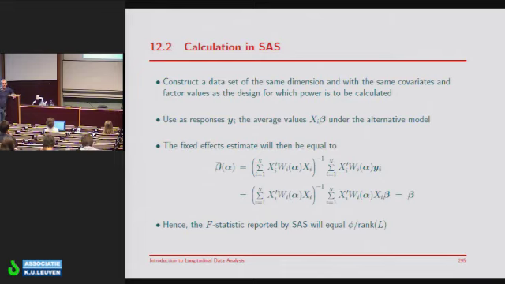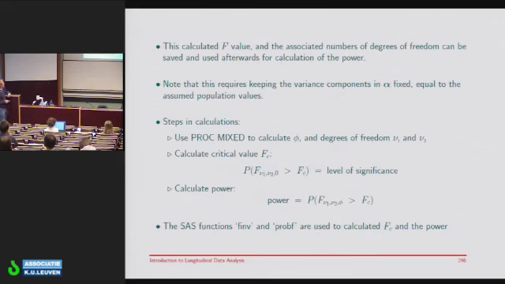And that's all I need to do the calculations. And then I can calculate my probability to reject the null hypothesis if the alternative hypothesis would be true using the non-central F distribution.